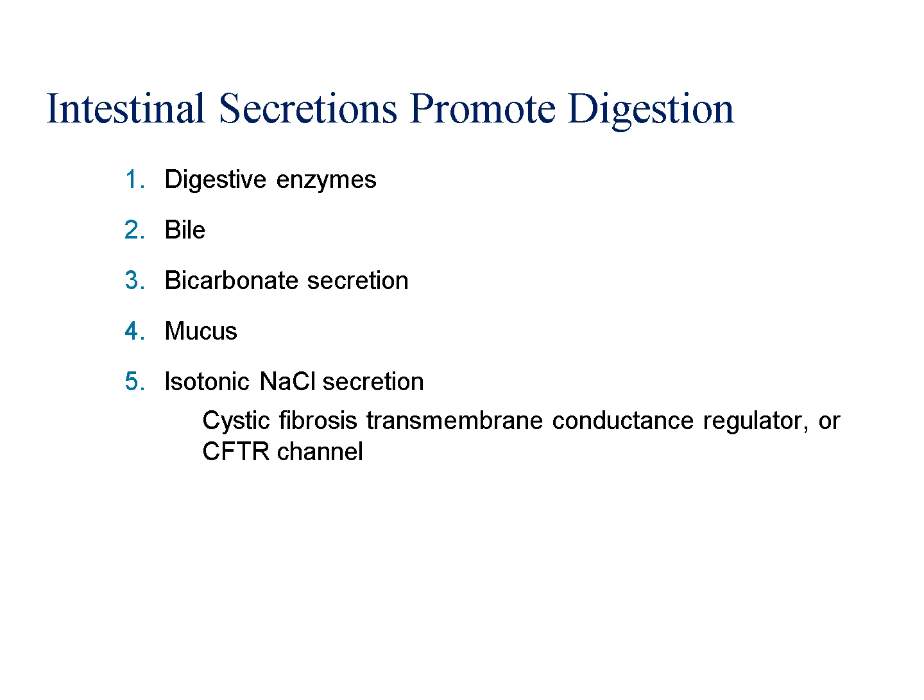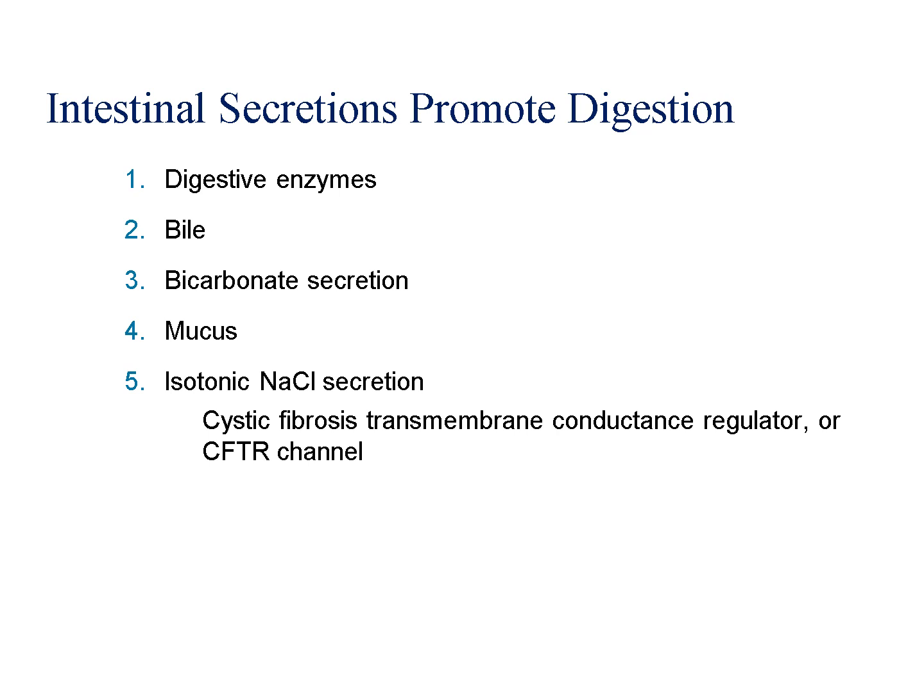Mucus lubricates and protects the intestinal walls, preventing damage from digestive enzymes and the movement of food through the tract. The fifth and final secretion is isotonic sodium chloride solution, which helps maintain the fluid balance in the intestine and facilitates the movement of digested material.